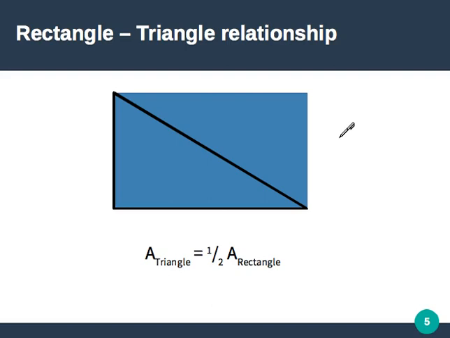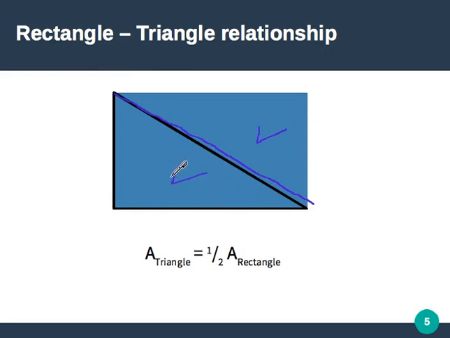Okay, before we get into that, I just want to remind you that there's a rectangle-triangle relationship, which is going to be telling you how to get the area of a triangle. So we have here a rectangle, and if we slice it just there by the middle, what shape do we have here and what shape do we have here? Well, we got two triangles.